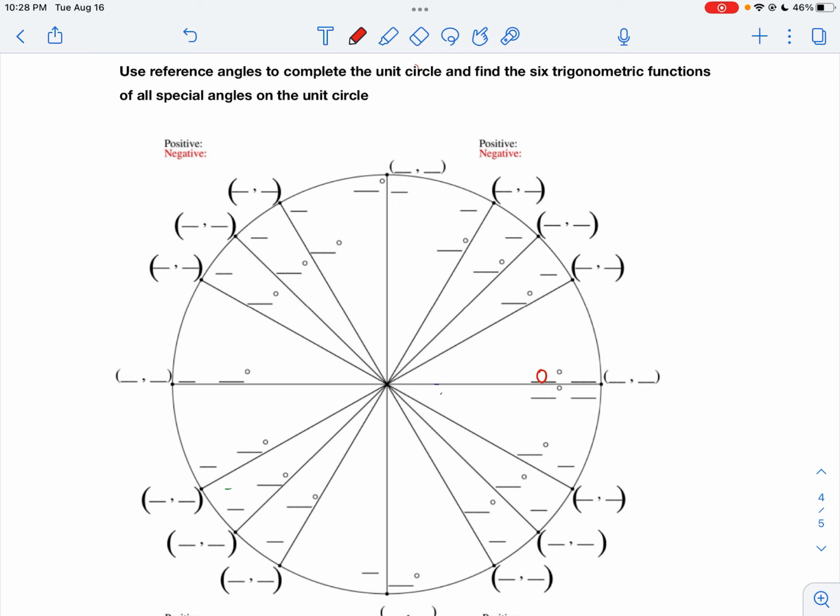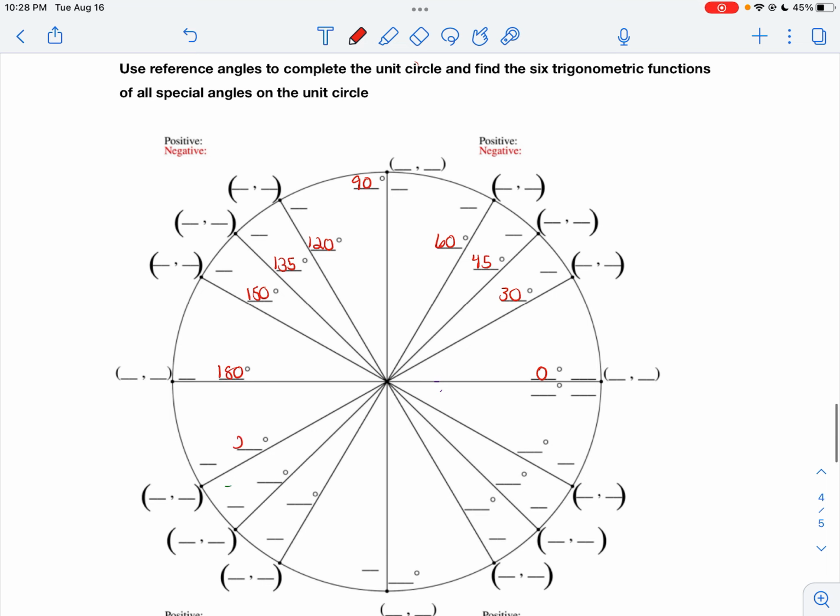So 0, then I have 30, 45, 60, 90, 120, 135, 150, 180, 210, 225, 240, 270, 300, 315, 330, 360, all the way around the unit circle.